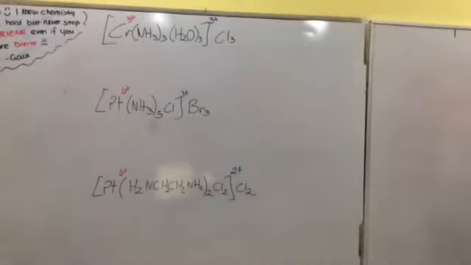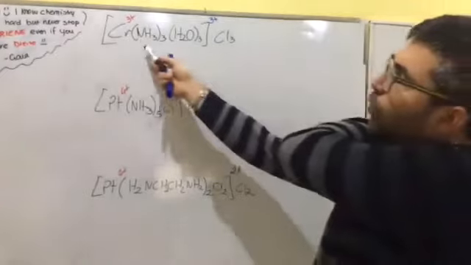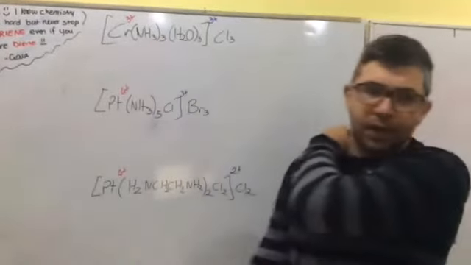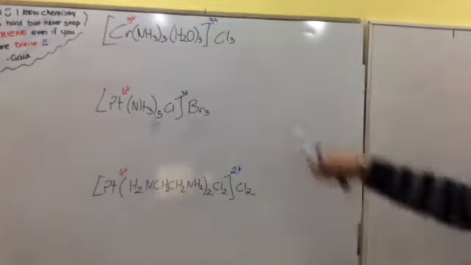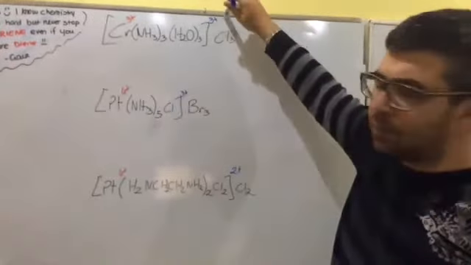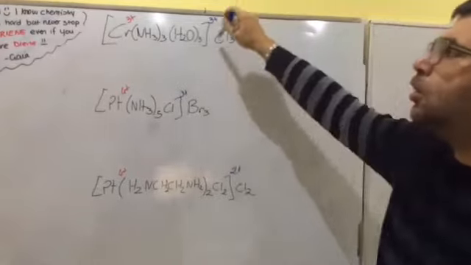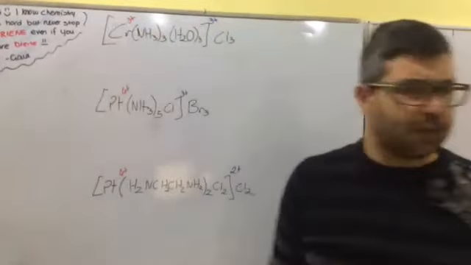Now, how did I get to the charges? For the first one, where we have ammonia and water, both ligands are neutral. So both ligands have no charge. So the final charge here must be equal to the charge of the ion.